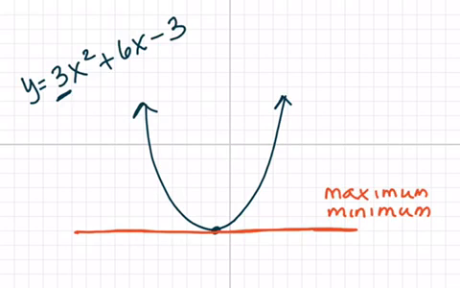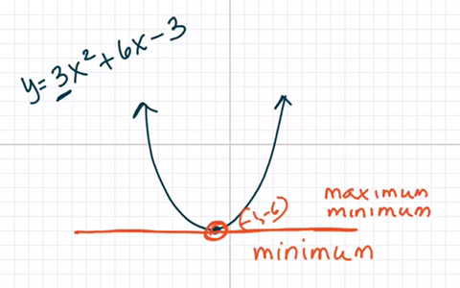Well, let me ask you this. This is negative 1, comma, negative 6. Can the y's go any lower than negative 6? No. So this is a minimum number. It's as low as it can go.